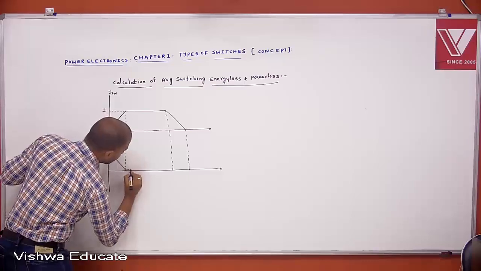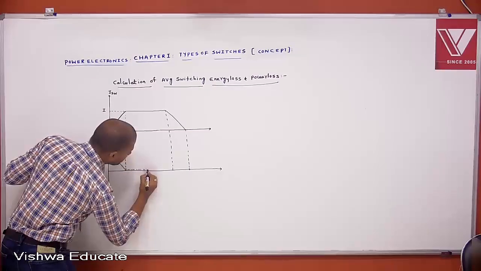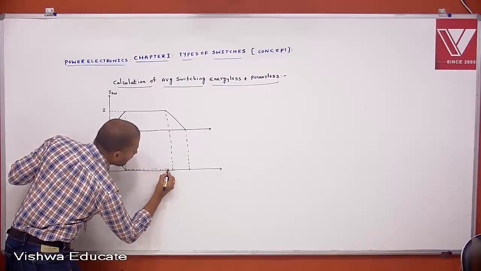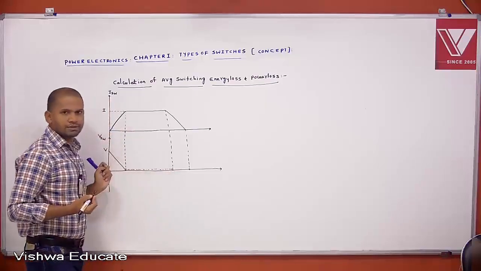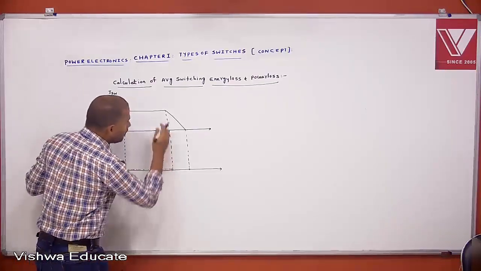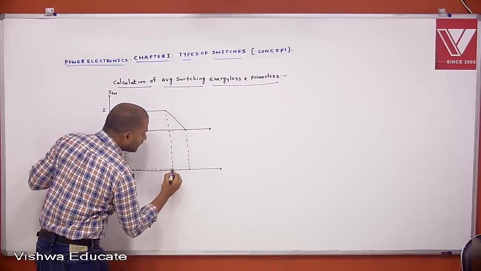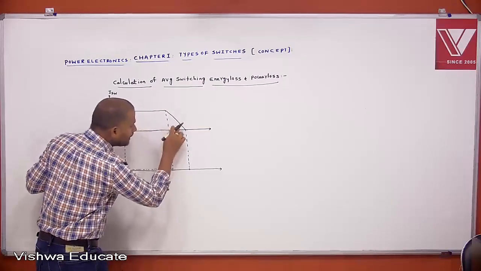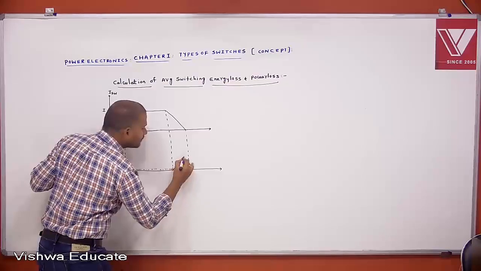If the switch is conducting, then there exist some conduction losses, but I am not concentrating on the conduction losses. I am concentrating on switching losses. Now, voltage is falling, then current is falling, then voltage is rising.